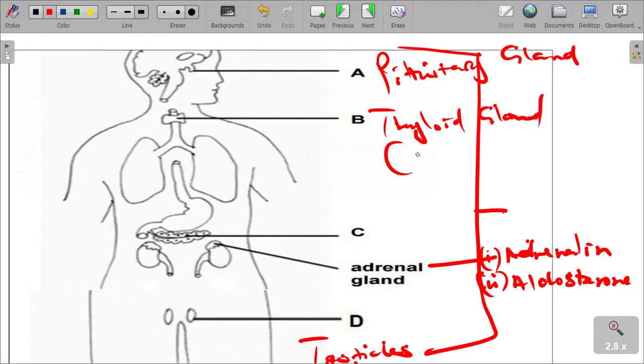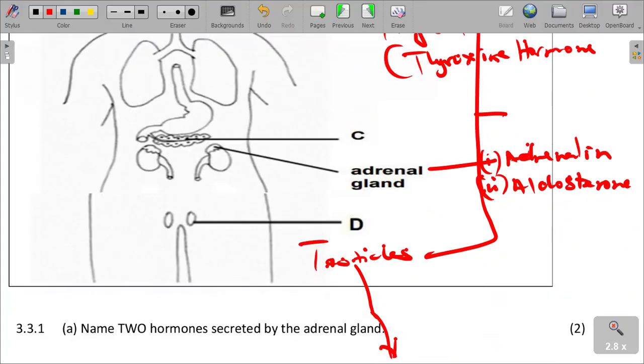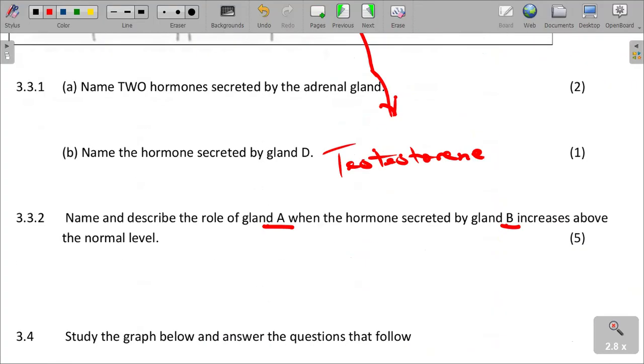So now we are just supposed to talk about this one. We have to talk about the relationship between the pituitary gland, thyroid stimulating hormone and thyroxine.